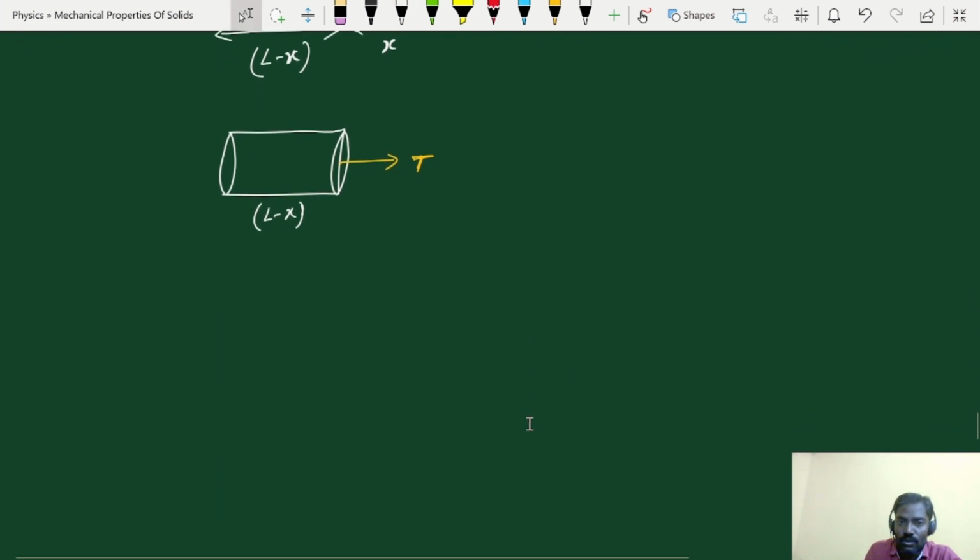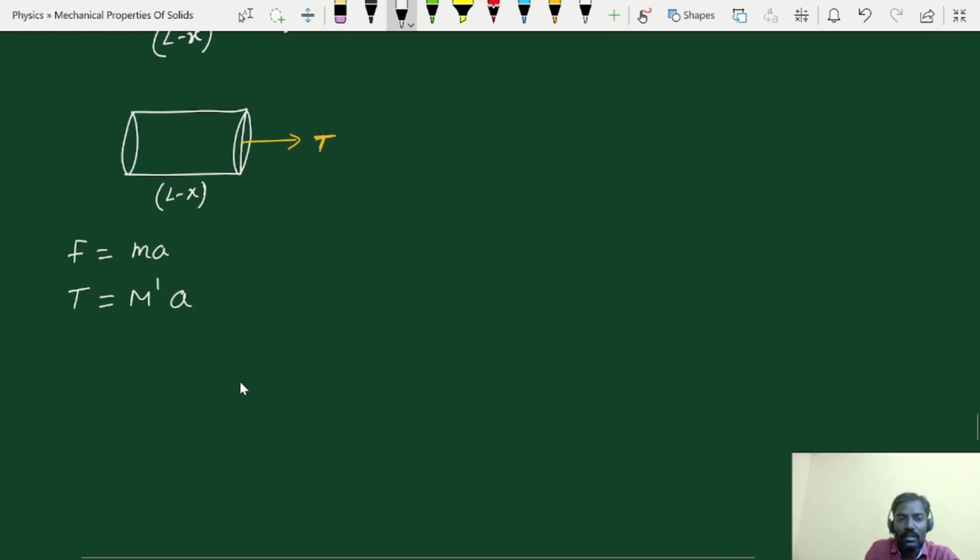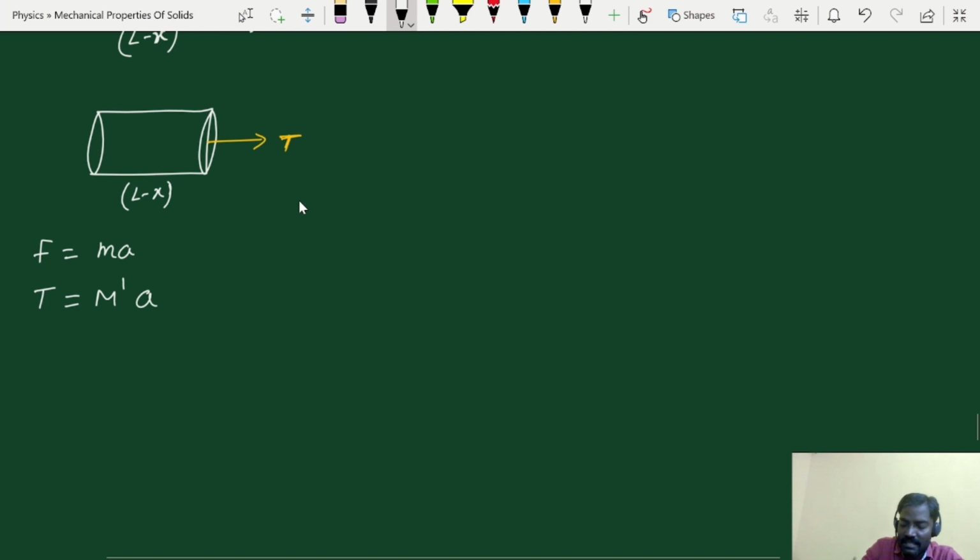So according to Newton's second law, F is equal to MA. As only one force acts, that single force is tension, equal to mass of the L minus x part into acceleration. How to calculate the mass of the L minus x part? Say for example, if you have a wire of length 5 meters and the total mass is 10 kg.